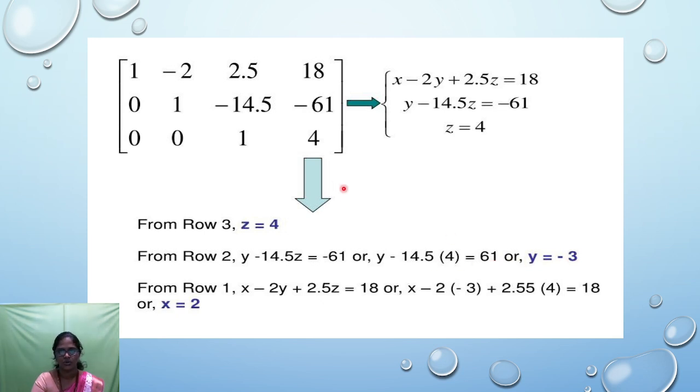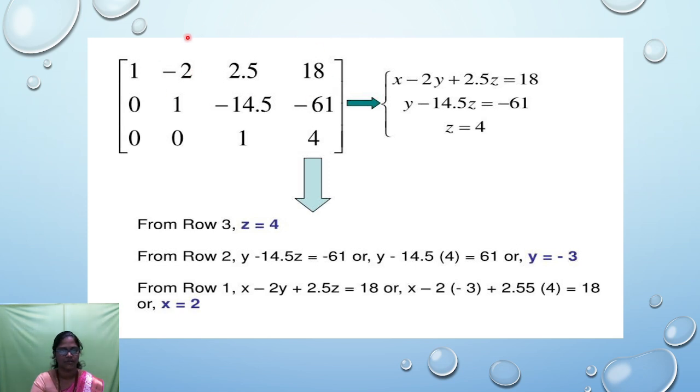Okay, in the first row, we have the value of z and the value of y. Substituting both these values in the first equation, what do we get? x minus 2y plus 2.5z. Look here, this is the coefficient of x, this is the coefficient of y, this is the coefficient of z. So x minus 2y plus 2.5z equal to 18. We have the value z equal to 4. Substitute the value of z, and substitute the value of y as minus 3.